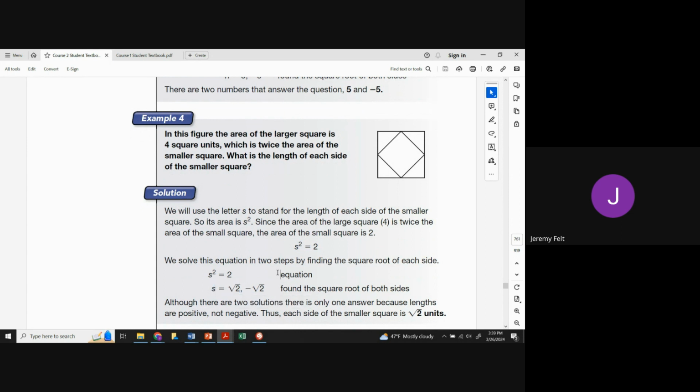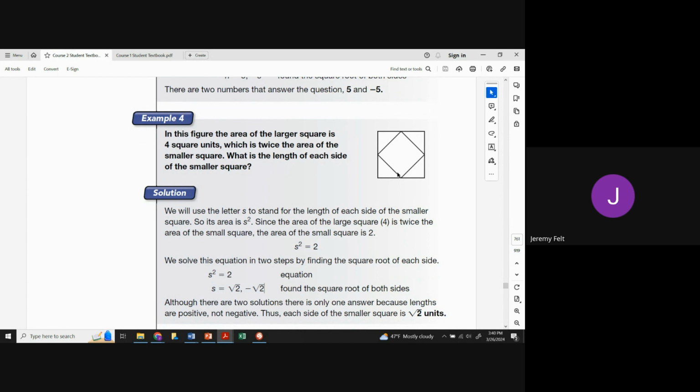Now in this example, why we do not also include the square root of negative 2 is because for distance, we think of absolute value, like whether we're going north or south or heading to Denver or back from Denver. Anytime we're talking about lengths or distances, we don't use negative numbers.